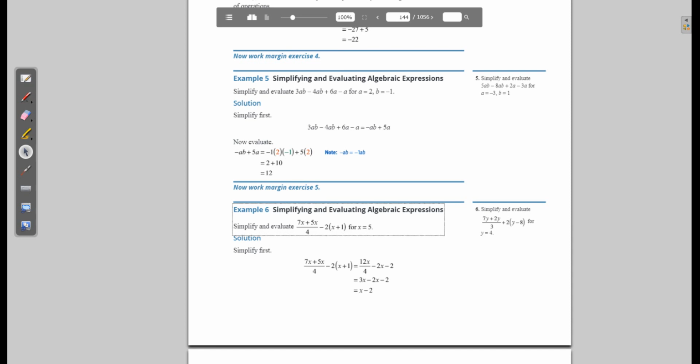The very last example, which is kind of like a fill in the blank thing. So, ooh, this one looks awful. Okay, actually not, that's not that bad. So simplify and evaluate. So 7x plus 5x divided by 4. Well, 7x plus 5x, that's just going to be 12x over 4, minus 2 times x plus 1.